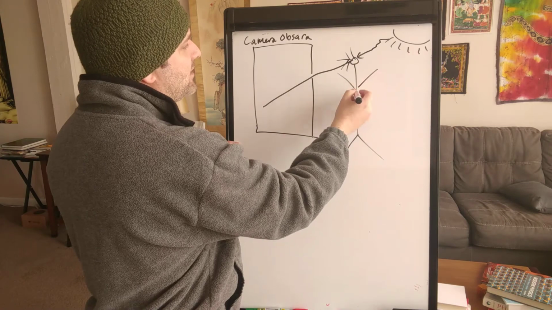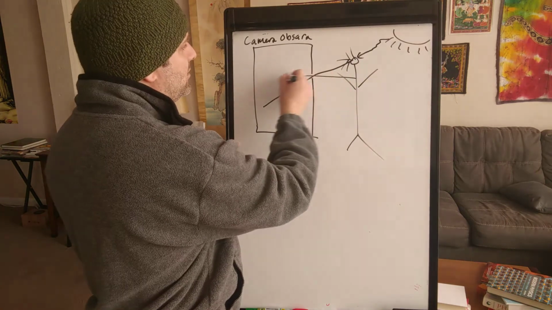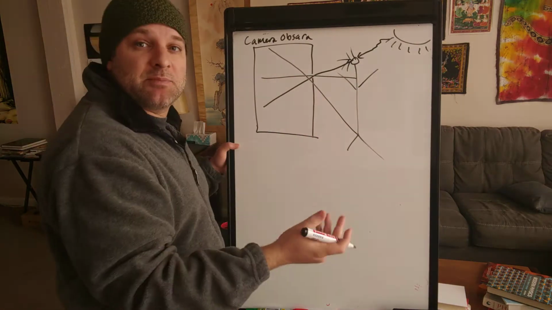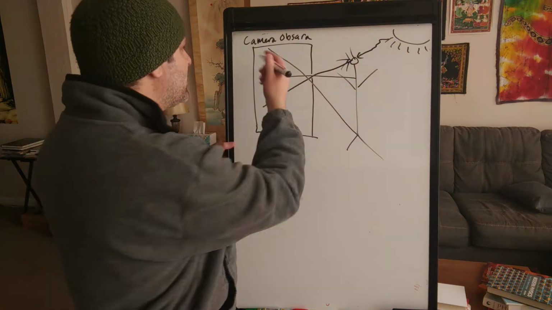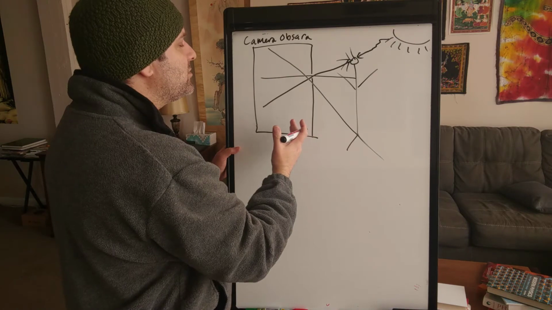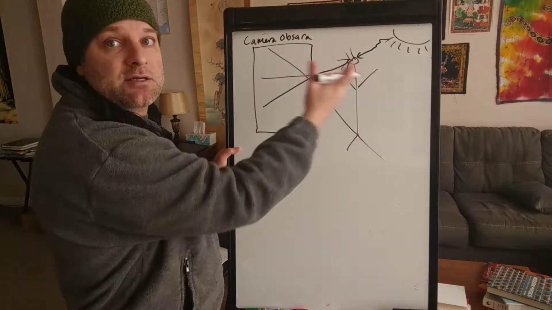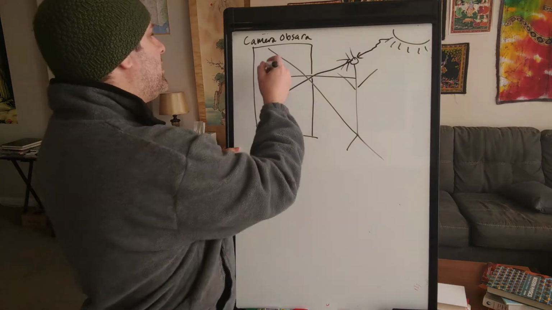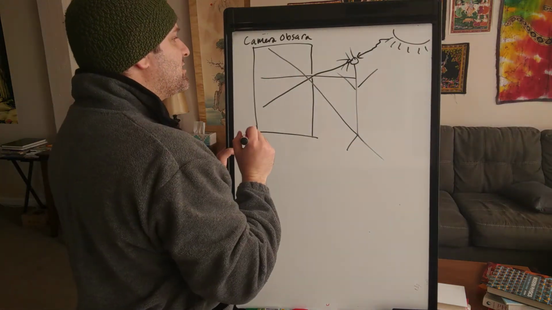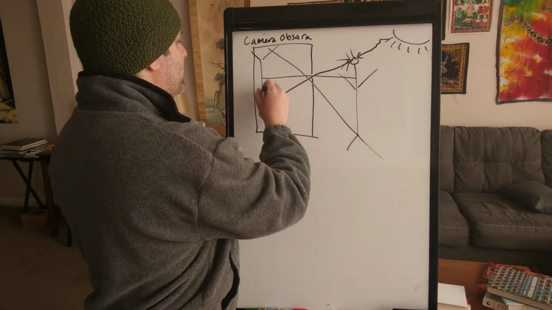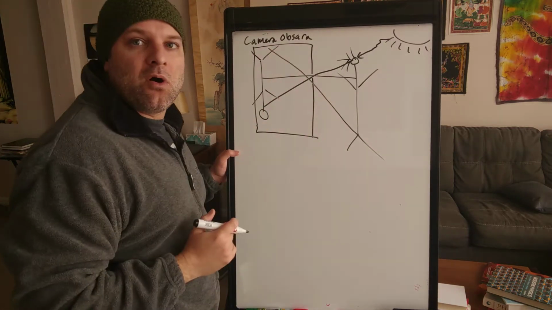Same with all the light that hits from over here, and same for all the light that hits from over here, right? And what this does is it basically is a very primitive imaging system, and if I were in this darkened room and there was someone standing outside, when I looked on the inside of this box, because of this pinhole, I would see an upside down image on the far wall of that person.